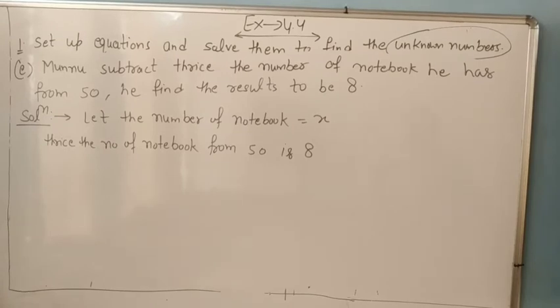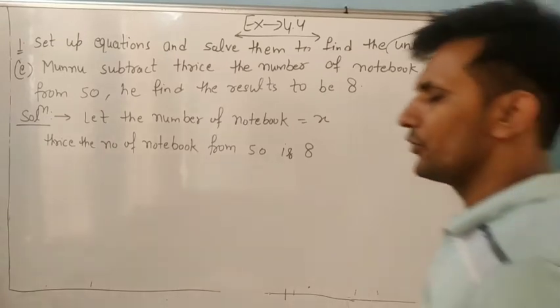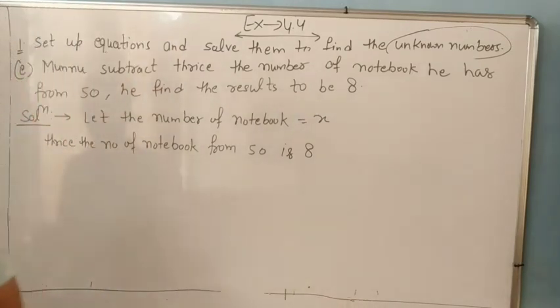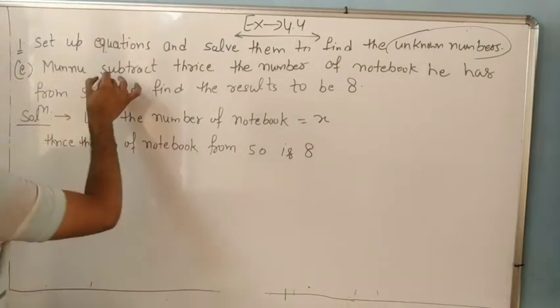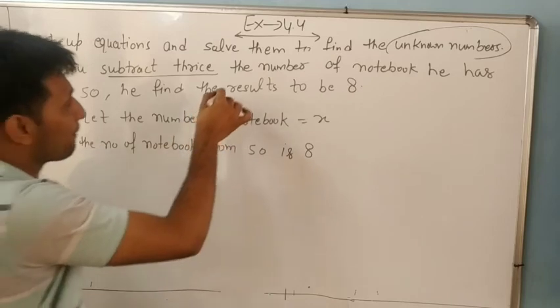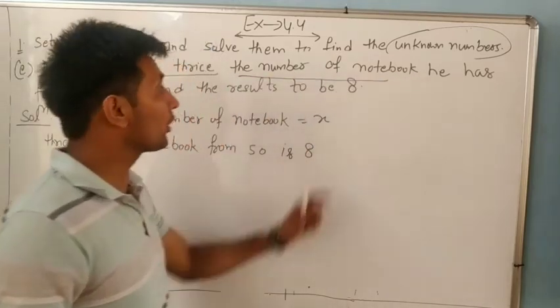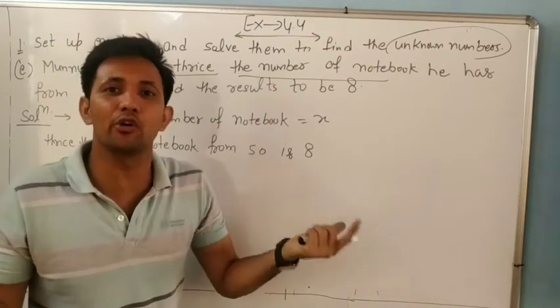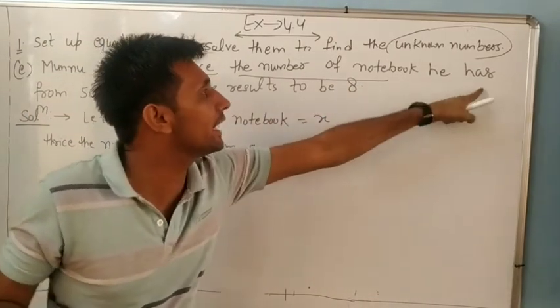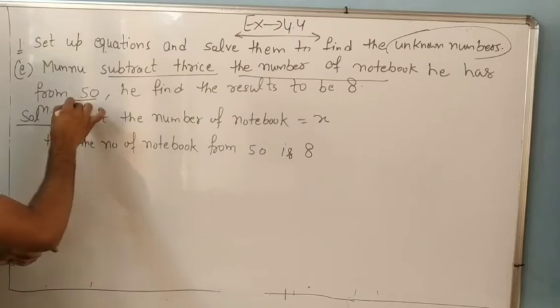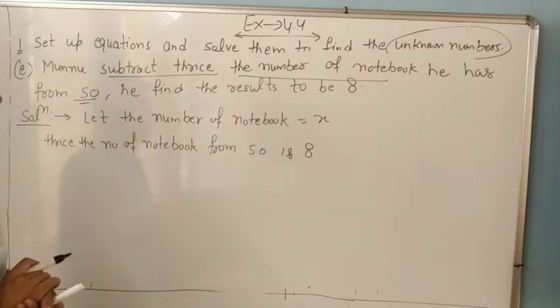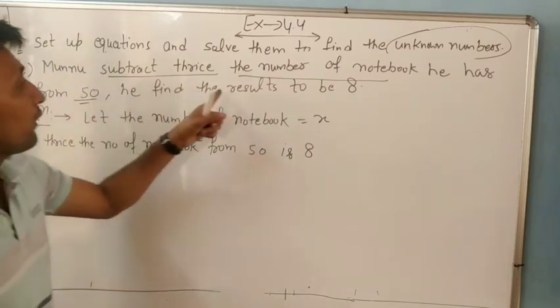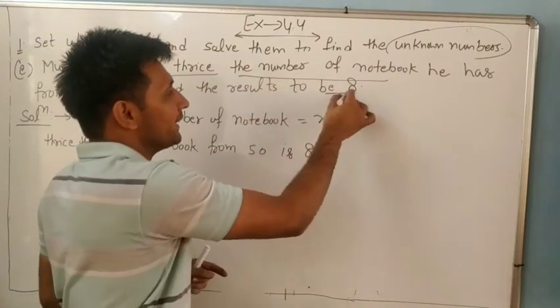Now dear, part E. Part D you have to do yourself. Look, Monu subtracts thrice the number of notebooks. We don't know how many notebooks. He has 50. He finds the result to be 8.